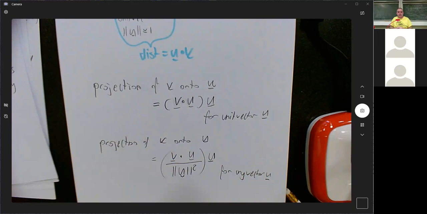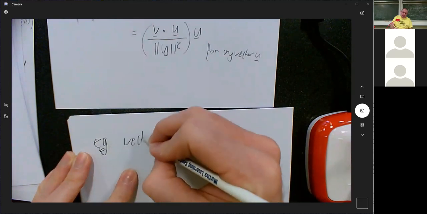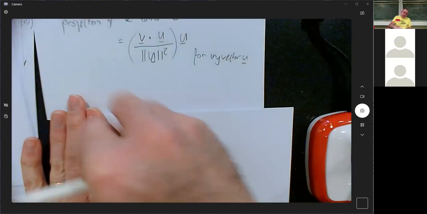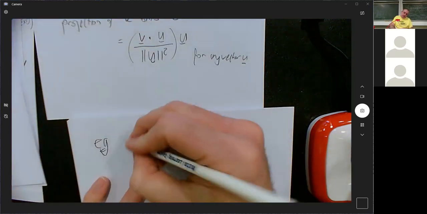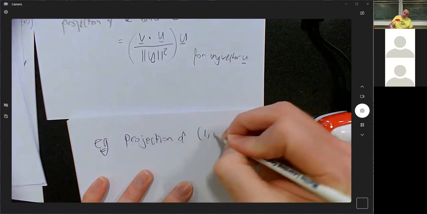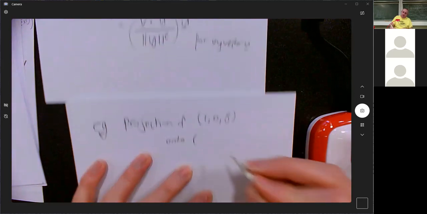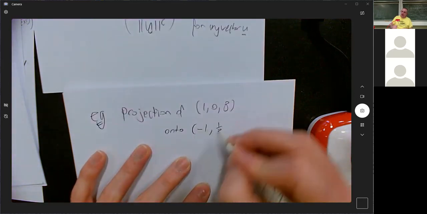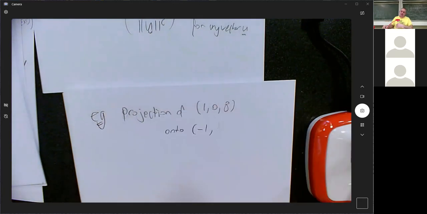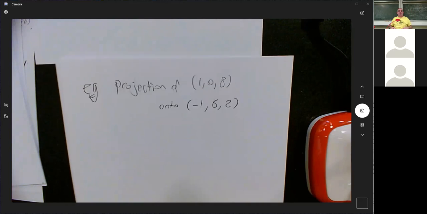Yeah. So just as an example, no, I'm not going to make it hard for myself by putting fractions in. The projection of (1,0,8) on (-1,6,2).